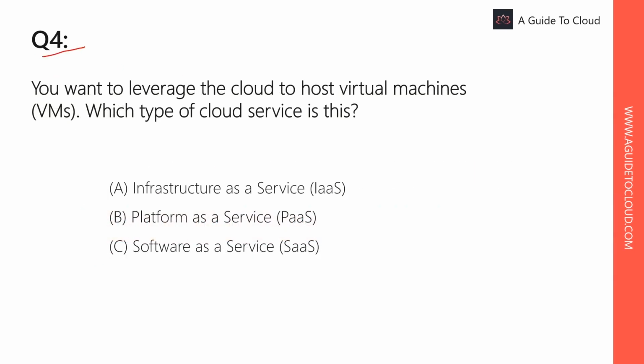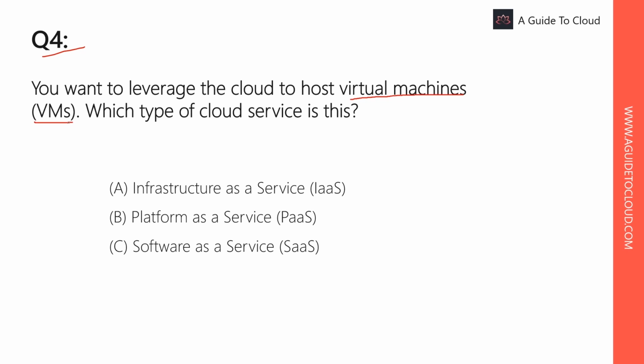Let's look at question number 4. You want to leverage the cloud to host virtual machines, which is VMs. Which type of cloud service is this? All right. So the key word over here is virtual machine. If you want to host VMs, we know that we talked about it in the second module, which gives you infrastructure as a service.